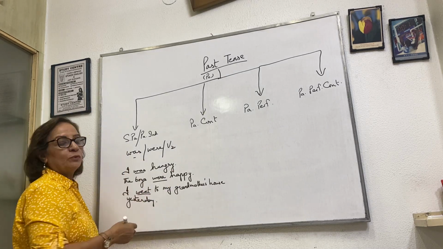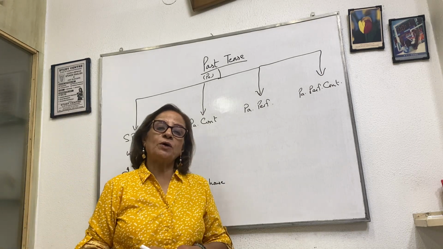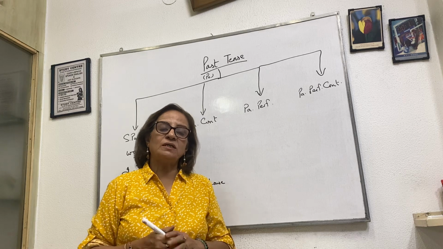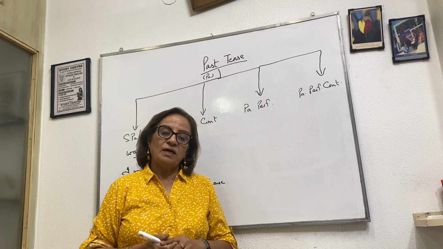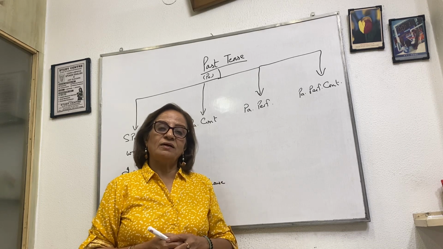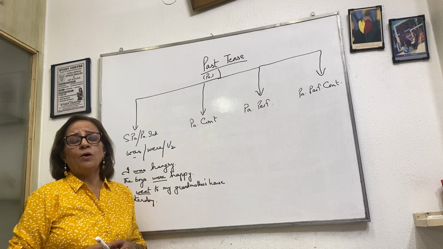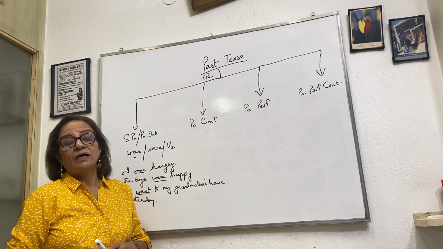So we're talking about an action in the past. Where do we use simple past? When we are talking generally about the past, we use simple past. I went to the market. Yesterday I ate Chinese, right? I played with my friend. I read a book. I studied late.